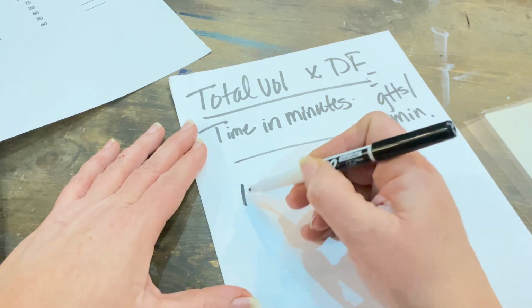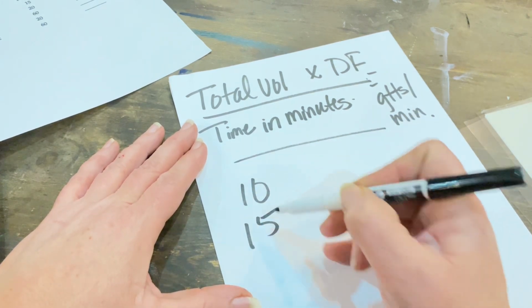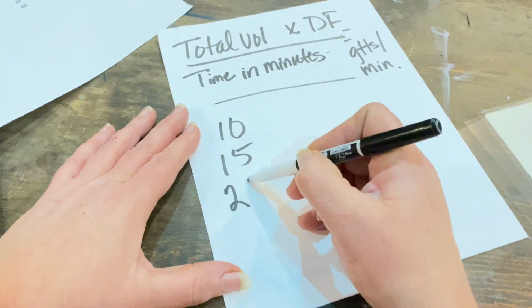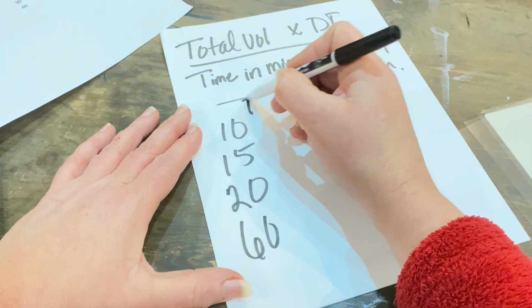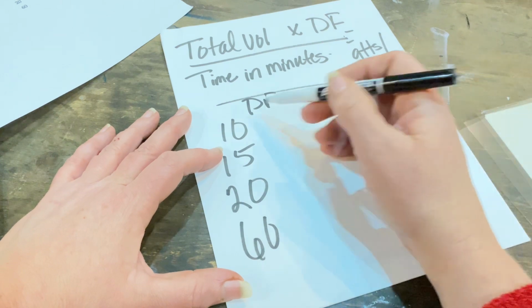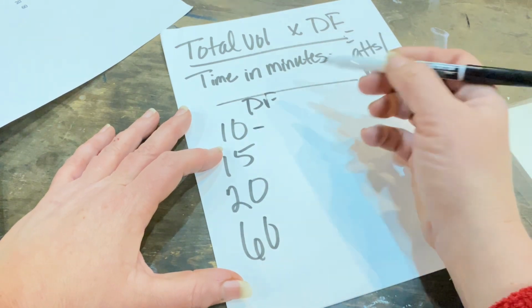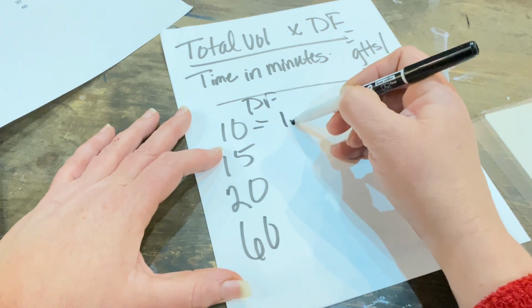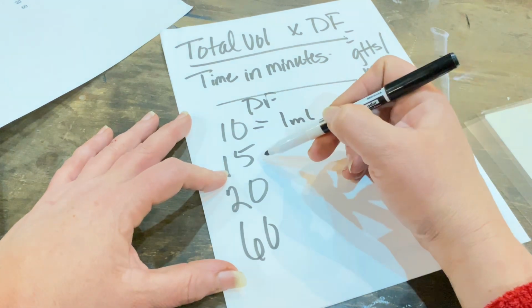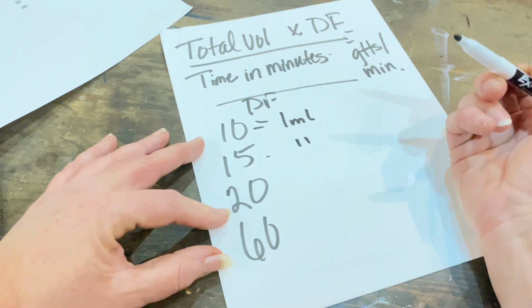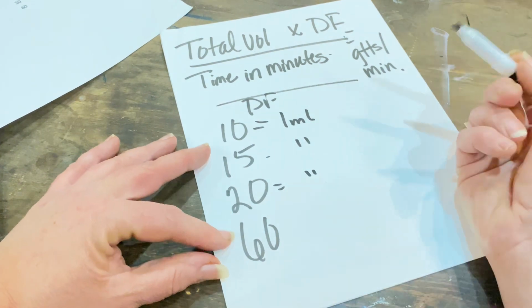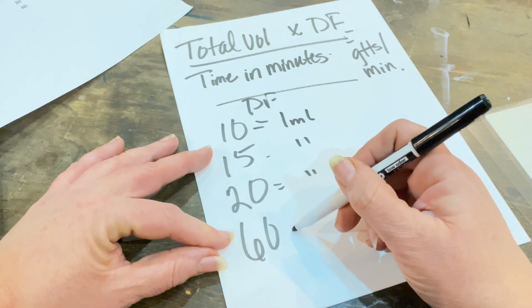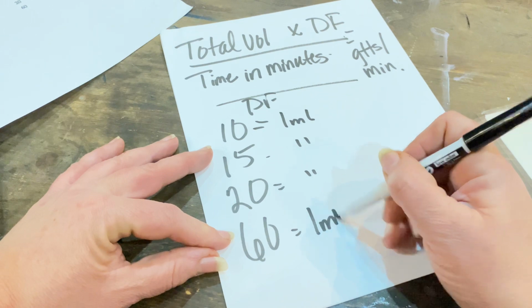You have a 10, 15, 20, and 60 drop factor. This means 10 drops equals 1 milliliter. 15 drops equals 1 milliliter. 20 drops equals 1 milliliter. And then 60 drops equals 1 milliliter.